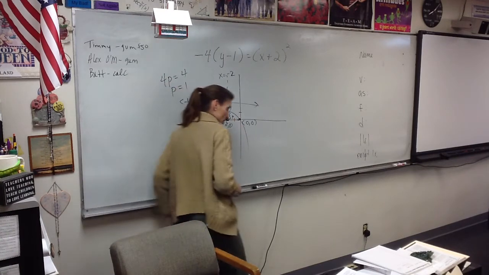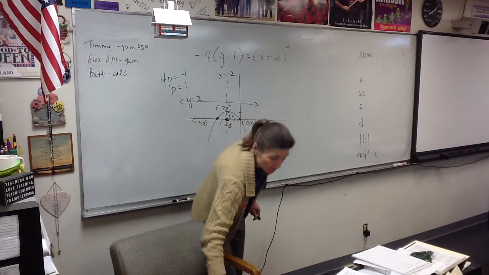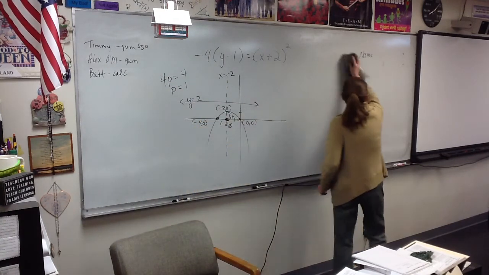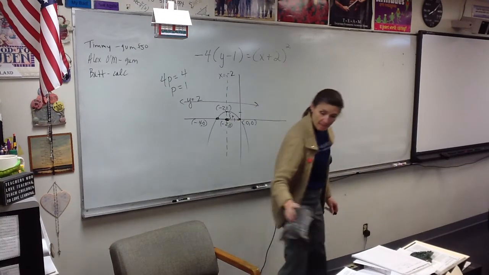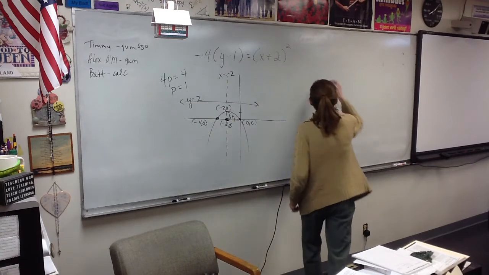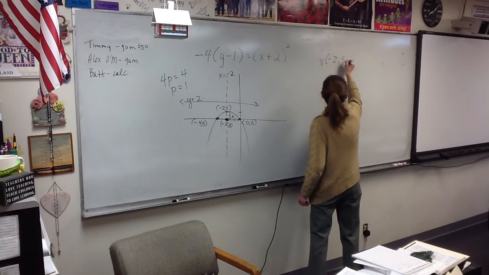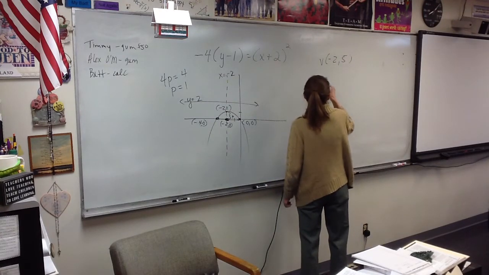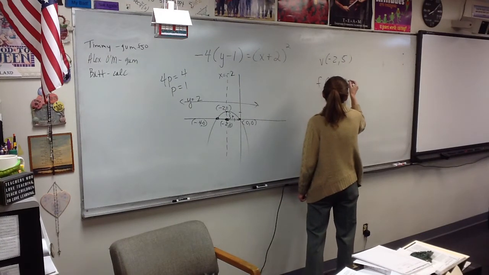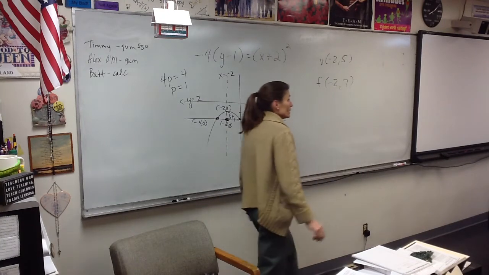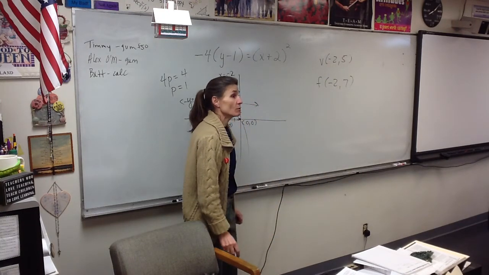Okay, today what we're going to do is the opposite. Here's what I mean. Today, I'm going to give you the vertex, and I'm going to give you the focus, and you're going to write the equation.